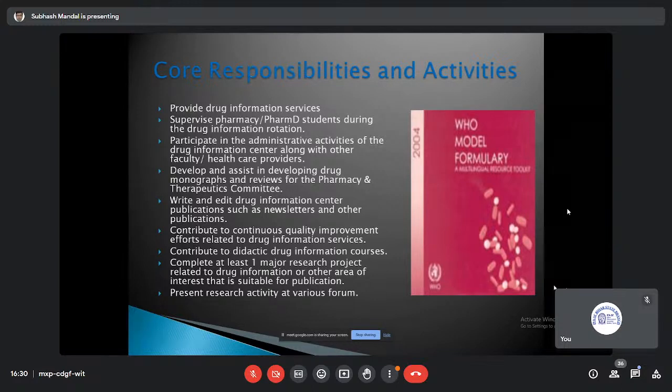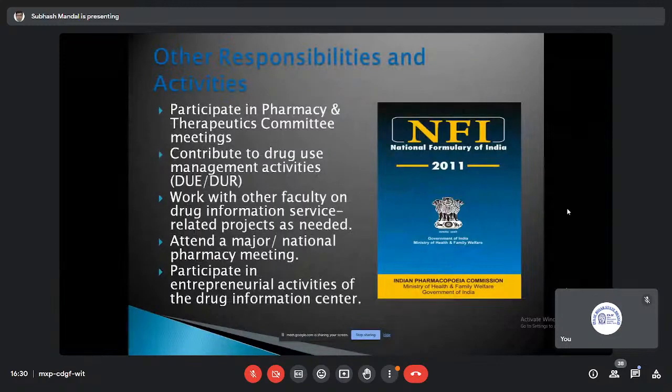They are required to write and edit information publications and newsletters, contribute to continuous quality improvement, and present their activity at various forums. Well, what are the other responsibilities and activities? They are required to participate in pharmacy and therapeutic committee meetings and contribute to drug use management activities.